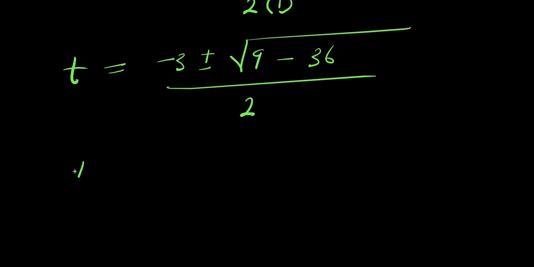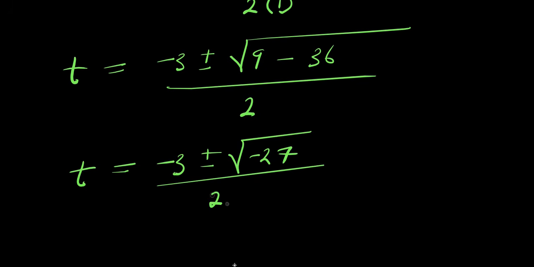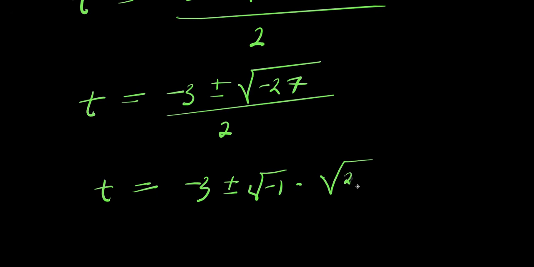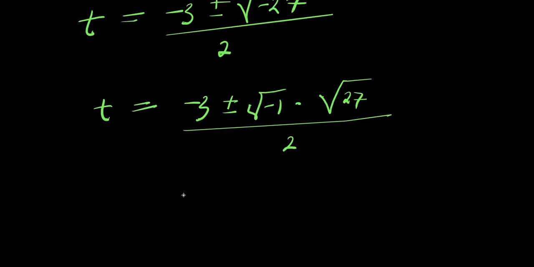So from here, I'll have t equals negative 3 plus or minus square root of negative 27, divided by 2. So from here, I have t equals negative 3 plus or minus, there's a minus here, negative 1 times square root of 27, divided by 2.